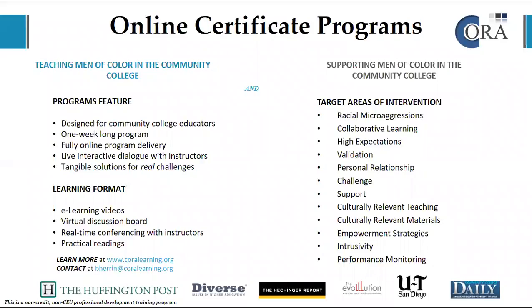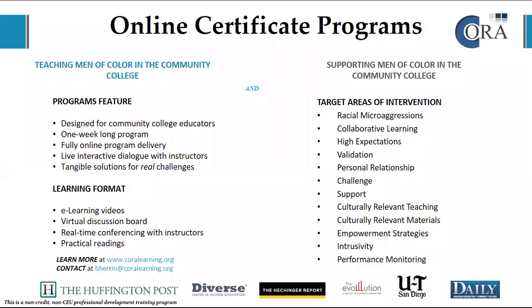So think about how you can leverage faculty who have expertise on your own campuses, who might be experts in some of these different areas. Many campuses have faculty members in ethnic studies, Black studies, cultural studies, gender studies, sociology, cultural anthropology, who do training and development in some of these areas, particularly as it relates to racial microaggressions or culturally relevant teaching practices and using culturally relevant materials.